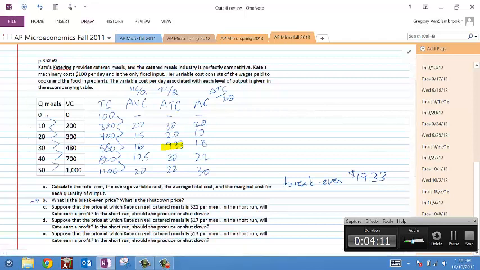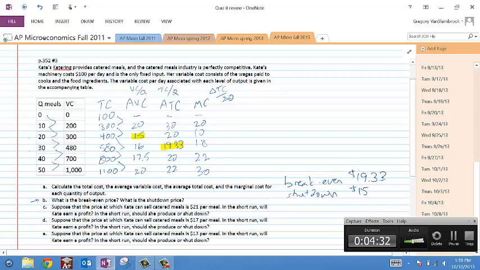And the shutdown price is scanning down the average variable cost column, the lowest one of those, which is 15. So the shutdown price is $15.